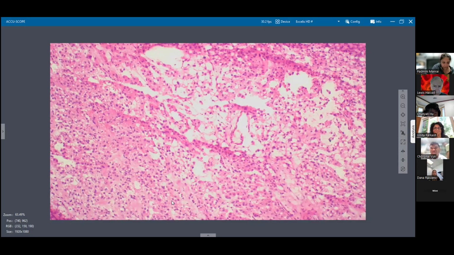This is a good focus. I guess we can call on maybe 2 or 9. So maybe I'll pick up. Can you describe what this stroma looks like to you?